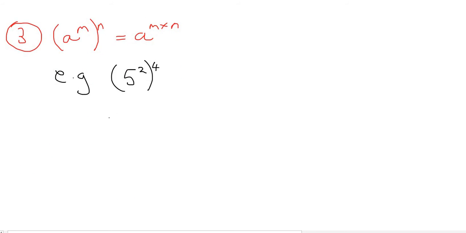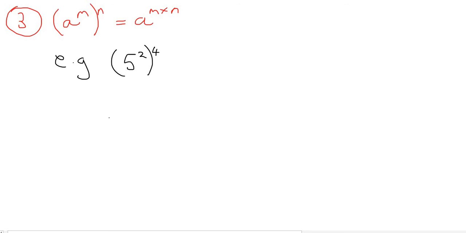Okay, the third rule tells us how to raise an indice to a power that's on the outside. As an example, 5 squared to the power of 4. So remember, if this 5 squared was any number, we would just multiply that by itself 4 times. So that's all we're going to do here. 5 squared times 5 squared times 5 squared times 5 squared.